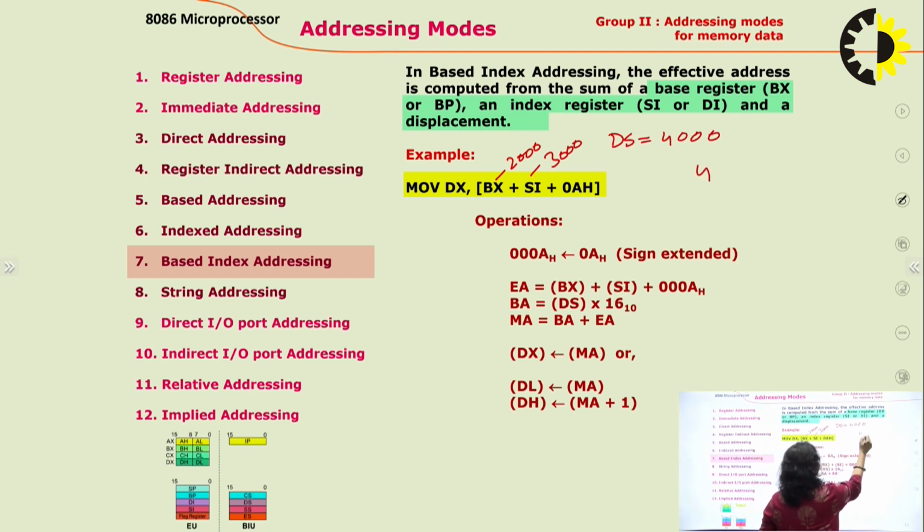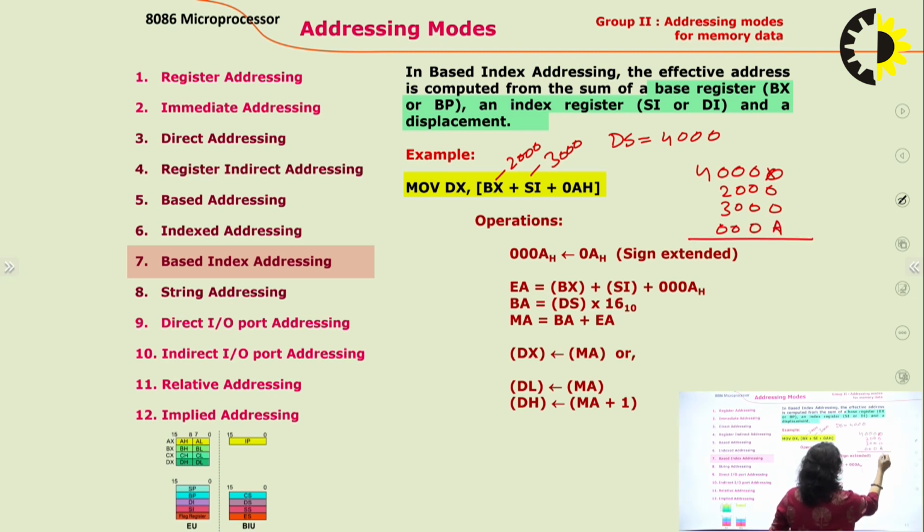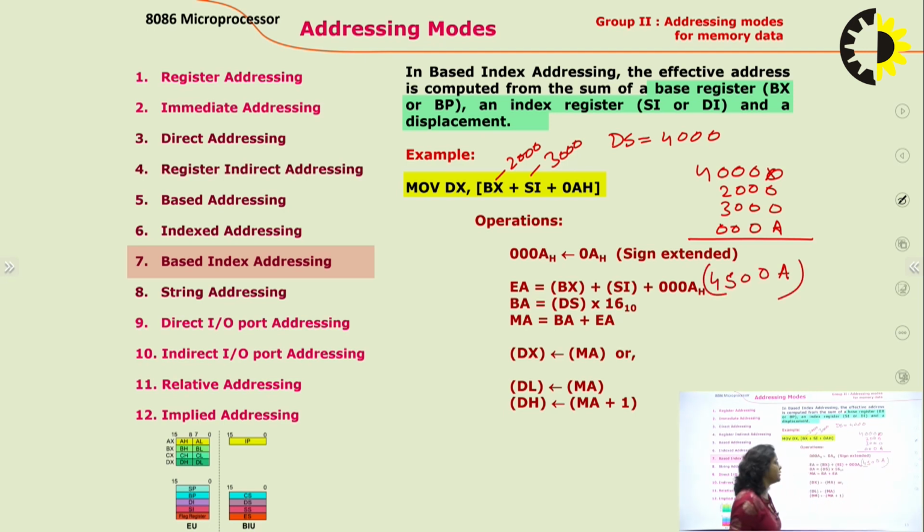So, the physical address will be 4000 into 10 plus BX plus SI plus displacement. This will constitute A0354. So, this will be the physical address, and this instruction copies the address and address plus 1 values to DL and DH respectively.